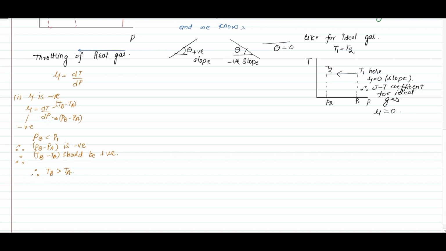So, by seeing this, we can conclude that temperature increases during negative Joule Thomson coefficient, that is in the section AB. Moving to the next section, that is from B to C.